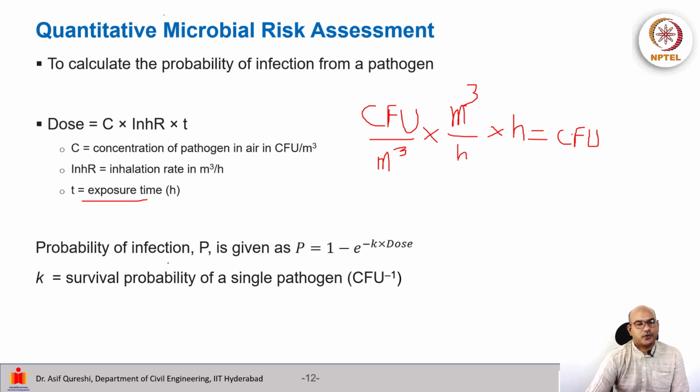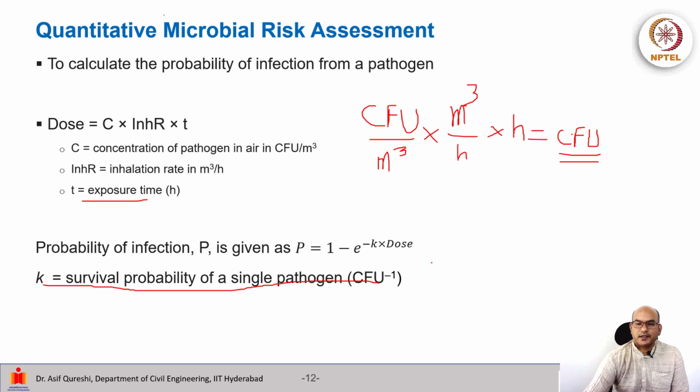The probability of infection is then given as a function of the dose and the survival probability of a single pathogen, k, in CFU to the power minus 1. This makes sense because we are inhaling so many pathogens in terms of units that can form colonies, and there is a survival probability of a single pathogen.